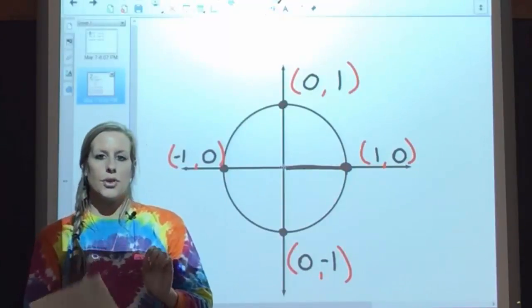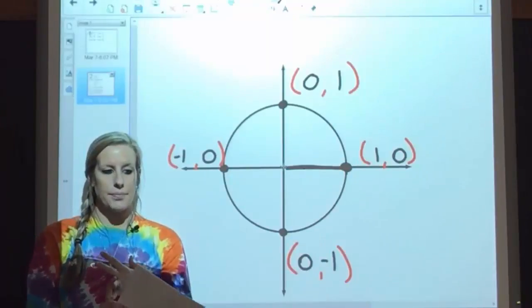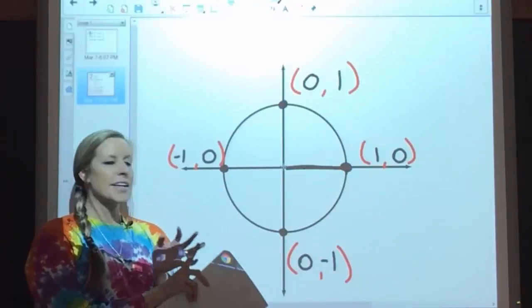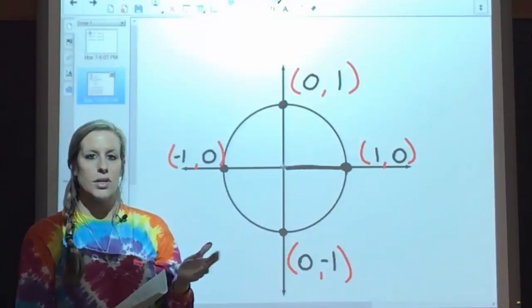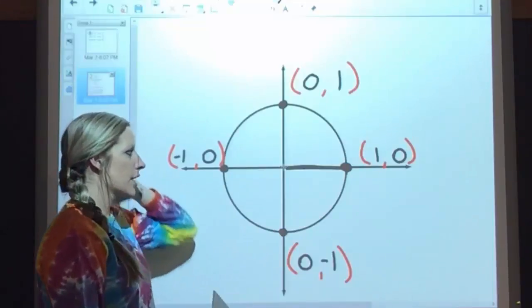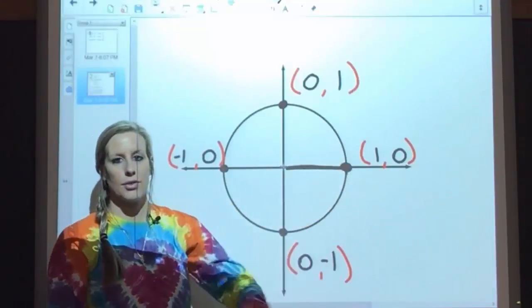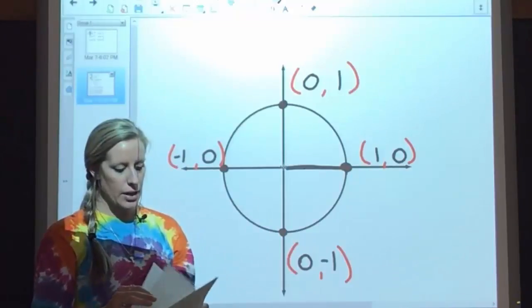Okay, so you know that circle we drew with all the angles and the radians? We're going to add to it, and we're going to put what sine and cosine equal in this unit circle. We're talking about just 1 unit whenever we fill out the whole thing. And I think I'll fill the whole thing out tomorrow.